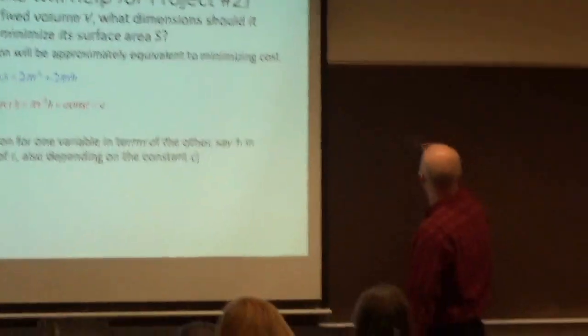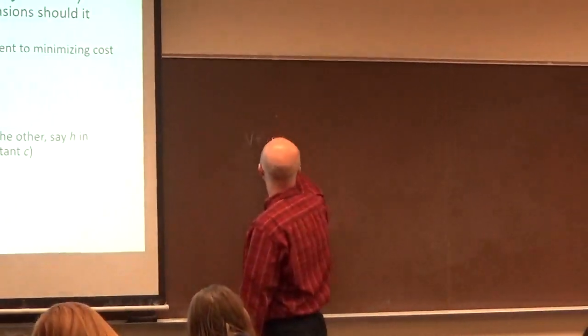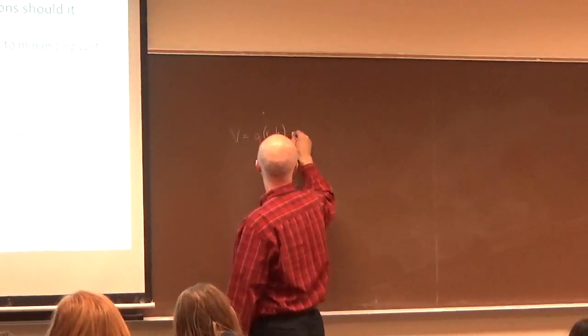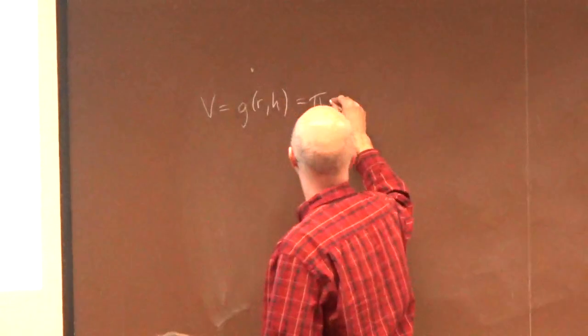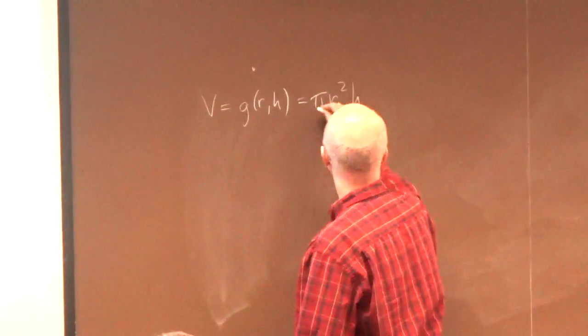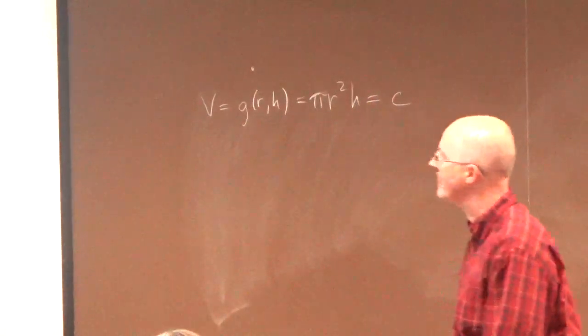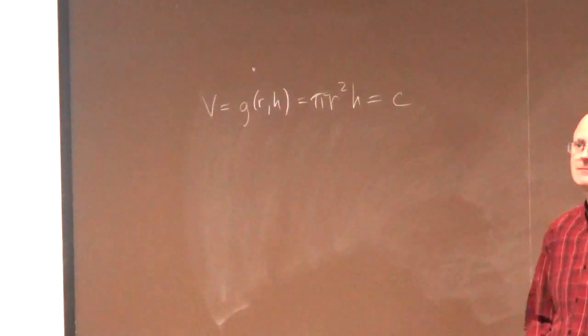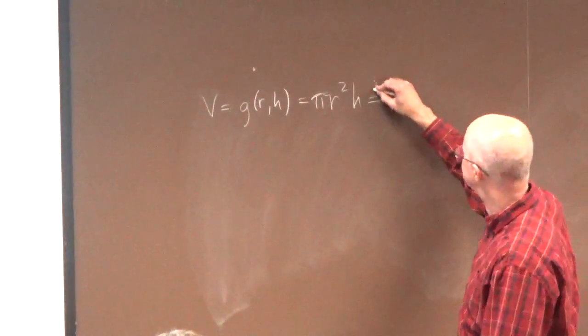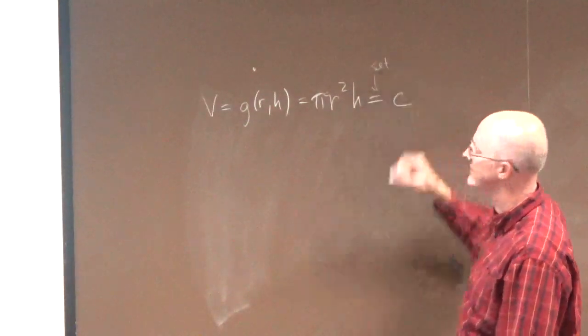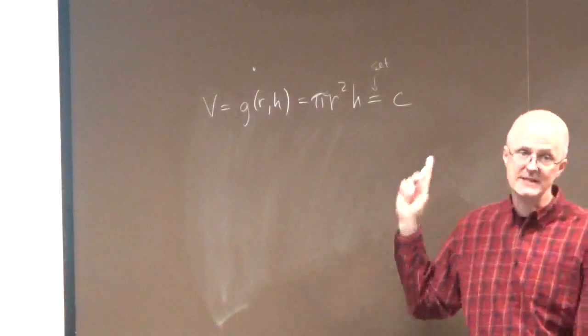The volume, again, g of r, h is pi r squared times h, and I'm pretending that's a constant. Call that constant c. In a sense, I'm setting it equal to the constant. It's not always constant.